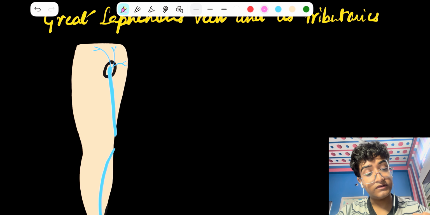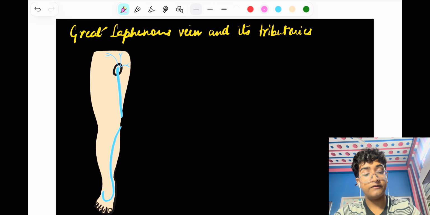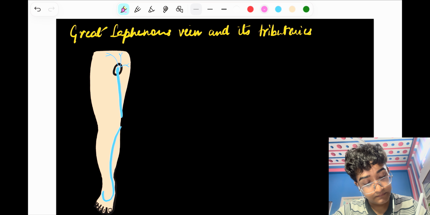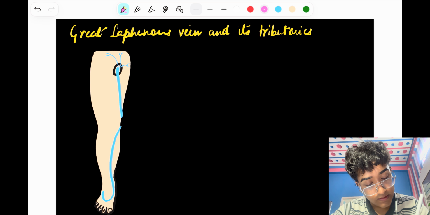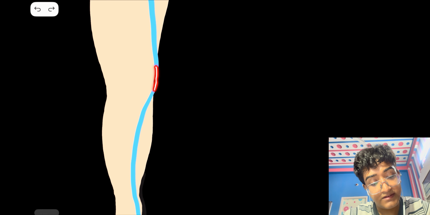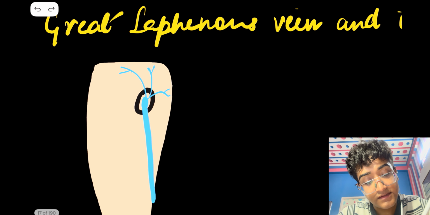This is the great saphenous vein. I'll be dealing with it in the venous drainage of the lower limb, so I won't be going into details. It starts from the dorsal venous arch, and from here, on the medial side, the great saphenous vein runs medially and reaches the popliteal fossa. Then it enters the saphenous opening.